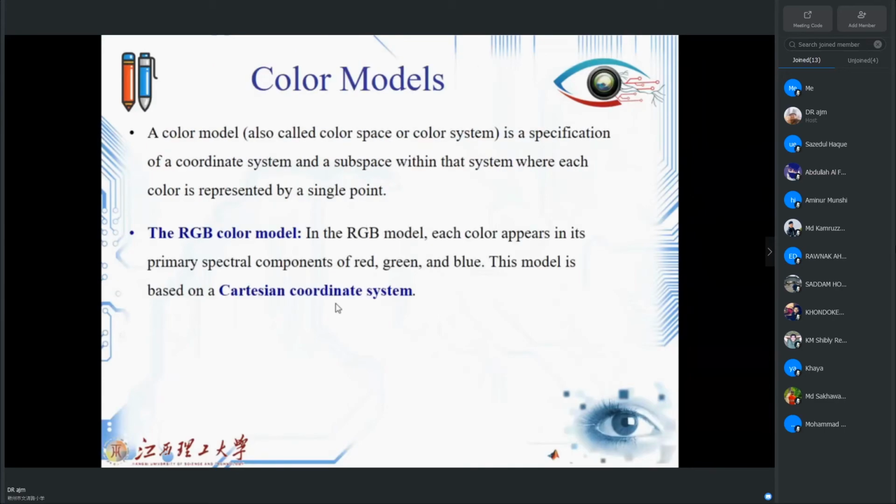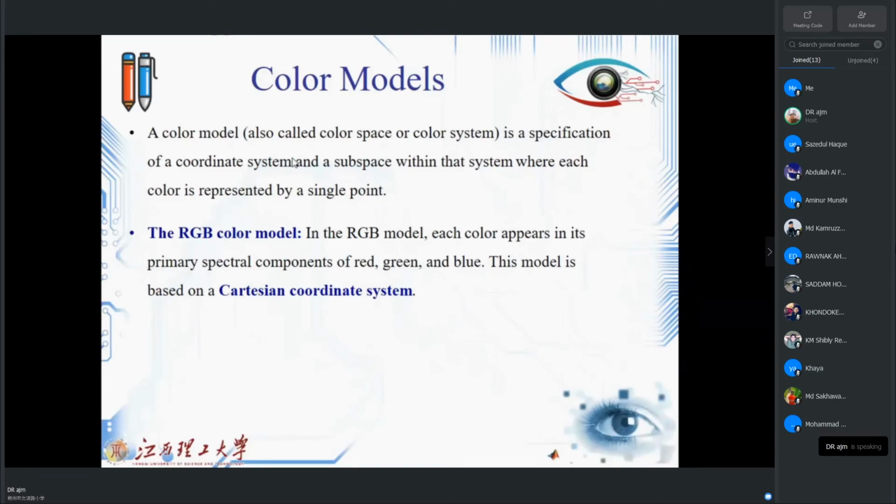Then a color model, which comes through these previous concepts, or sometimes is called the color space or color system, is a specification of a coordinate system and a subspace within that system where each color is represented by a single point.